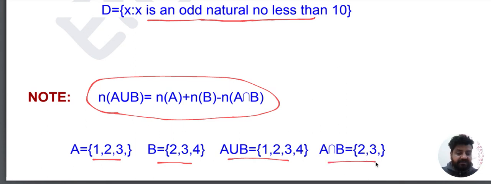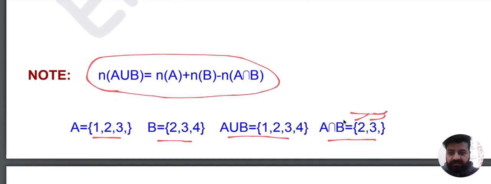A intersection B is the set which contains the common elements, the elements which are common in both sets. Here, 2 and 3 are the elements of both sets A and B. 2 belongs to A as well as B, and the element 3 also belongs to A as well as to B.